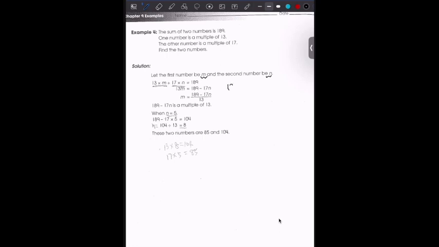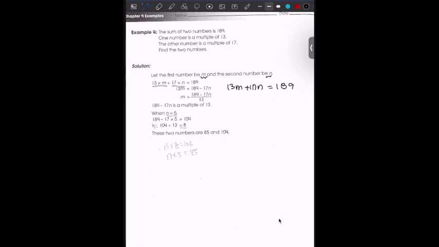So 13m indicates a multiple of 13, and 17n indicates a multiple of 17. And these two are going to be our numbers, 13m and 17n. And so added, those are going to be 189.